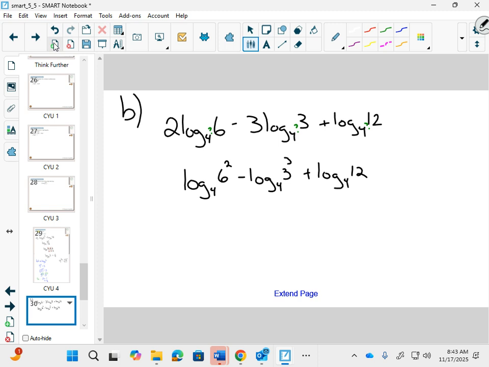And if you have single logs adding and subtracting, you can use the product rule and the quotient rule. So whichever ones are positive, which are the one with the 6 squared and the 12, those will be in your numerator. And whichever ones are negative, that'll be the 3 cubed, will be in your denominator.